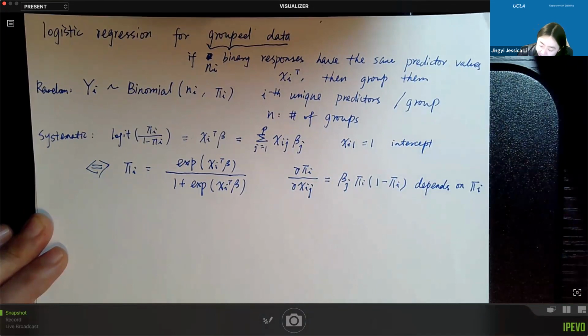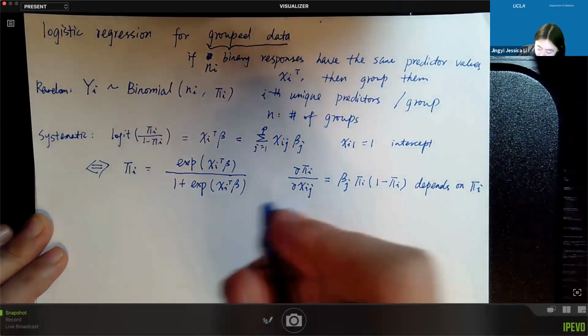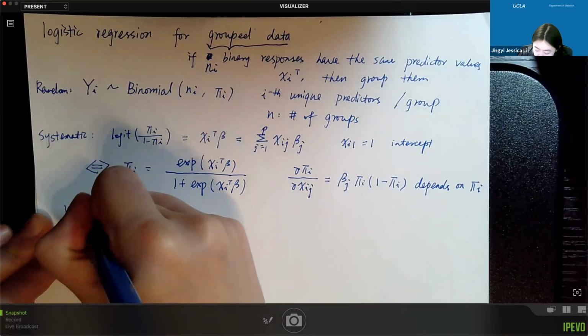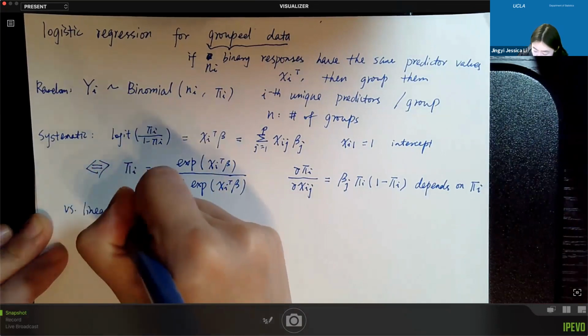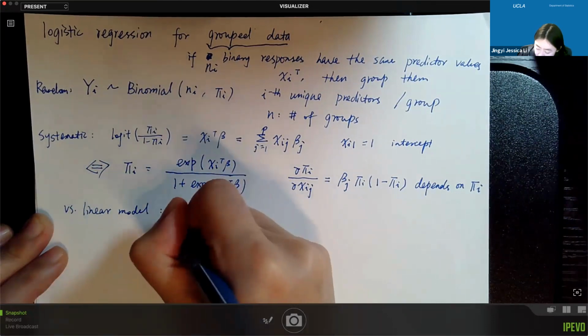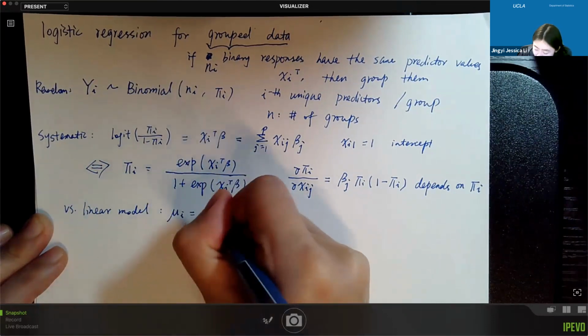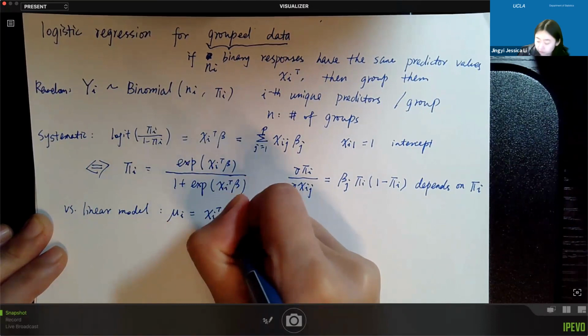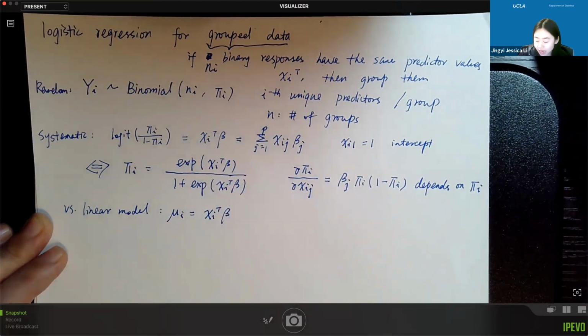On the other hand, if we think about the linear model, in the linear model, the systematic structure is mu i equals xi transpose beta, right? The mean of yi is directly a linear function of predictors.